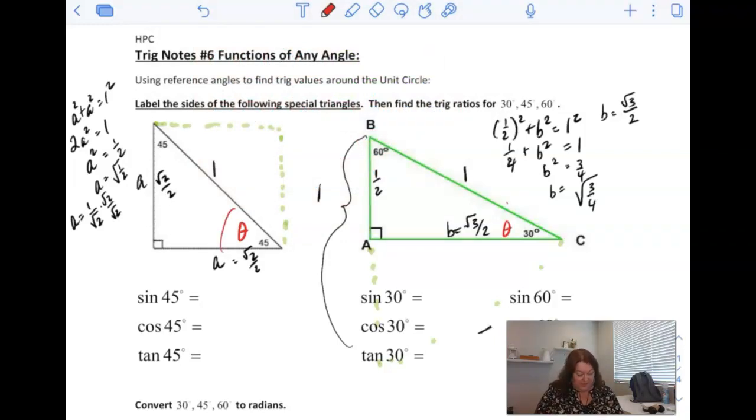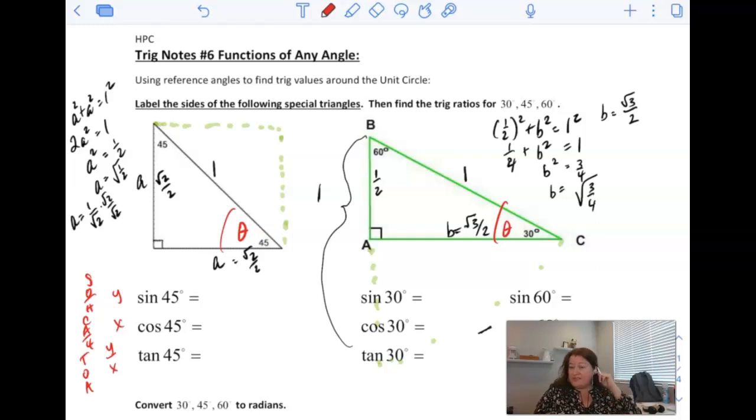The power of this now is that if I can see it as it would be on a unit circle, I can use sine is the y, cosine is the x, and tangent is y over x. Or I can use SOHCAHTOA: S is O over H, C is A over H, and T is O over A. I can use these interchangeably as long as the radius is 1 and I can imagine it on a unit circle.